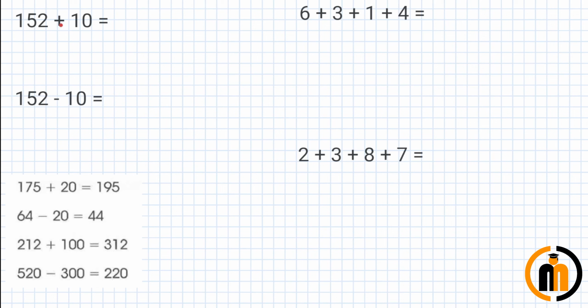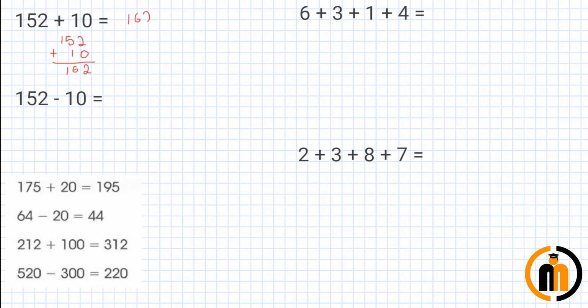For problems like this, let's write it down in a column way. So 152 plus 10. You can see here this is a 0, so 2 plus 0 will be just 2, and then 5 plus 1 will be 6. 1, 6, 2.